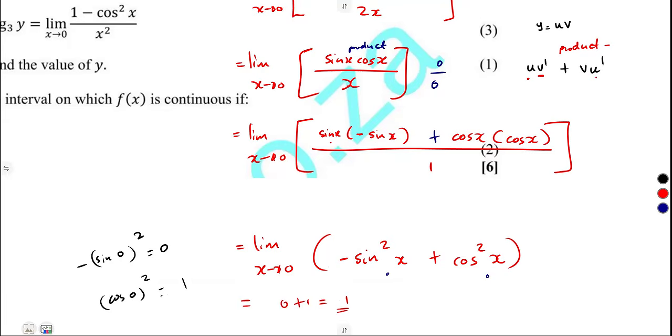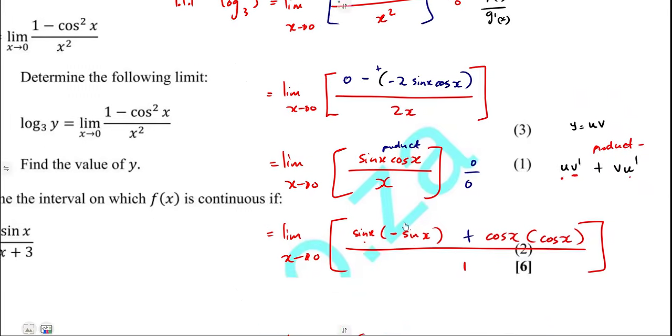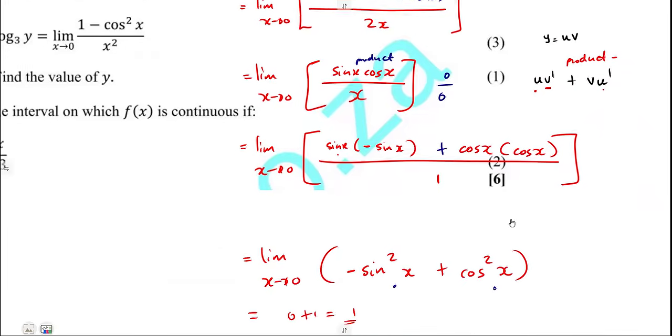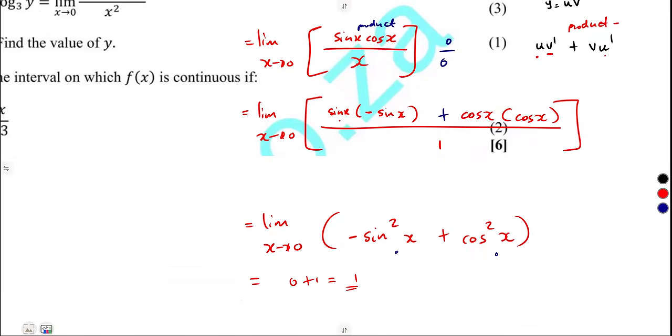So this is our limit from what we are given. This is the limit of the log of y in base 3. So you can even write it in that manner to say, therefore, the logarithm of y in base 3 is equal to 1, from what we are given as our limit.